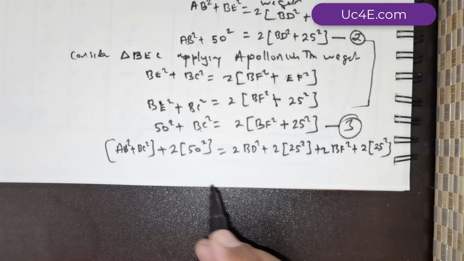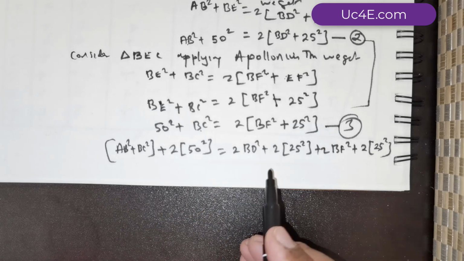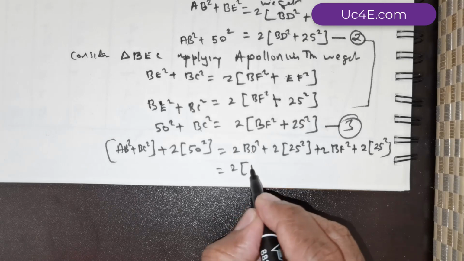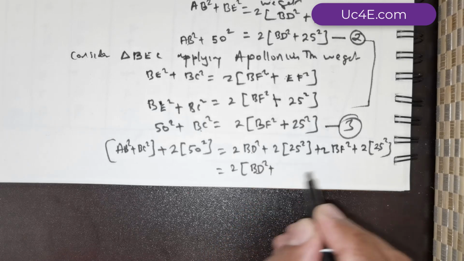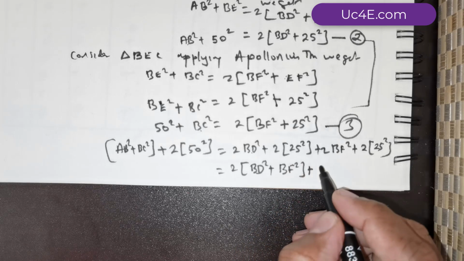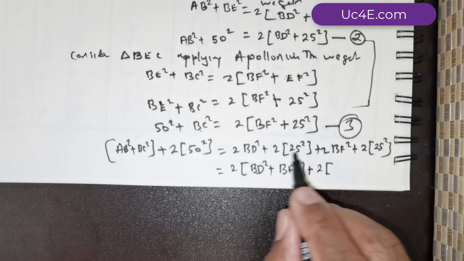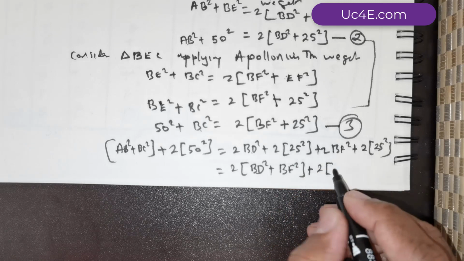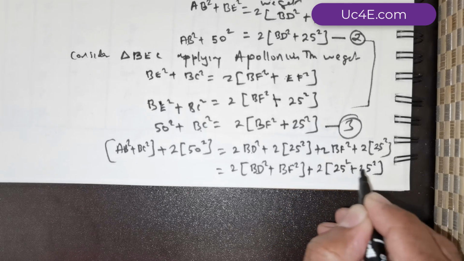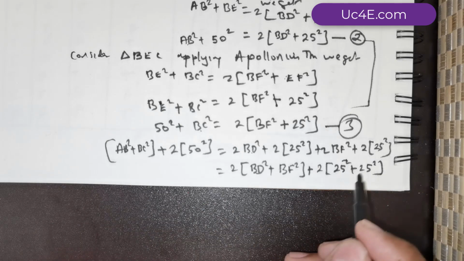So this is what we've got. Now let me rewrite this as 2 times BD squared plus BF squared plus 2 times 25 squared plus 25 squared. So this is what we got on the right side.